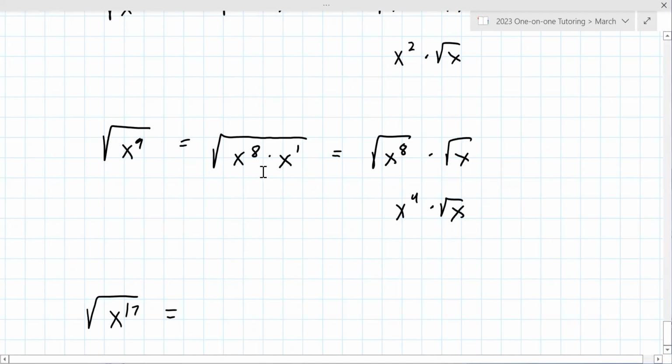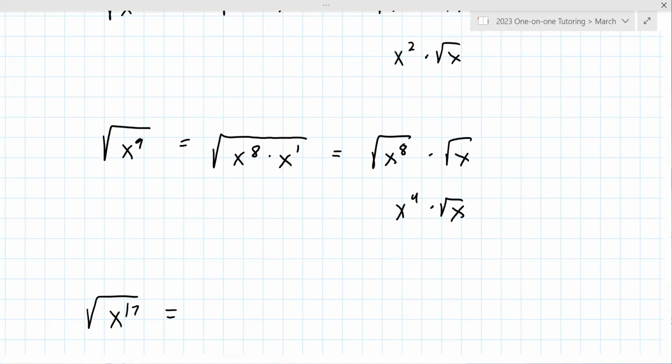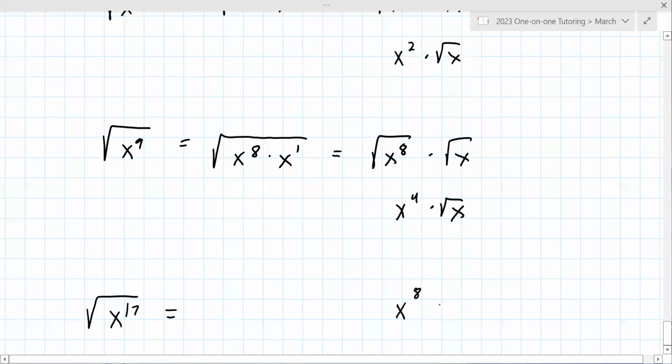Okay, so the answer would be x to the 8th power times the square root of x.